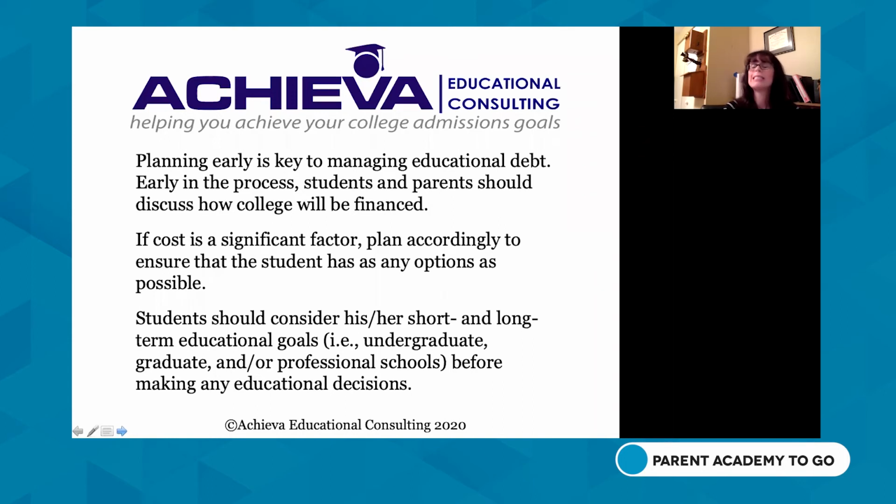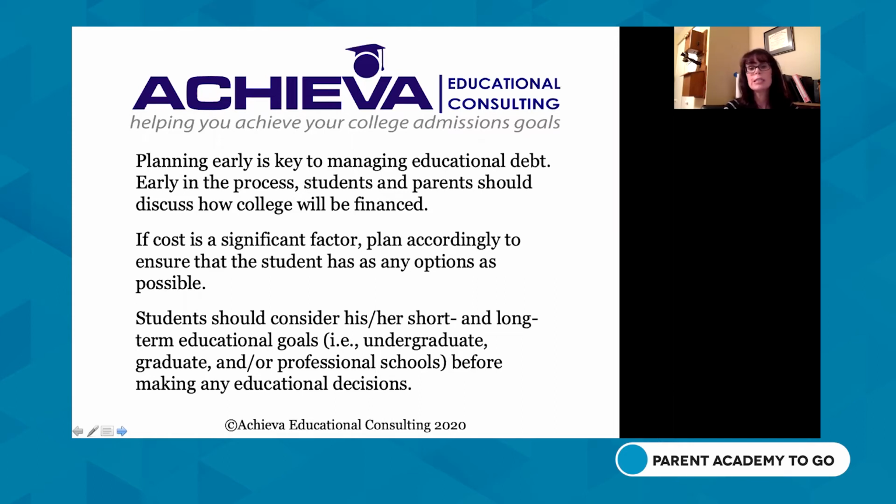Planning early is key to managing your educational debt. Early in the process, students and parents should discuss how college should be financed and the proportion of that responsibility for the student. If the cost is a significant factor, plan accordingly to ensure that the student has as many options as possible.